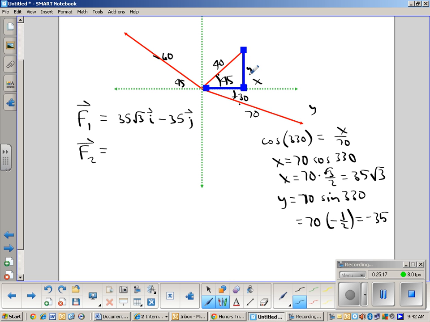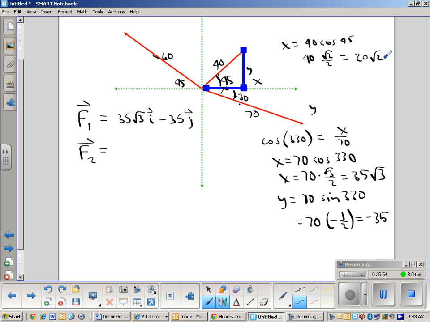So this is the y and this is the x. And cosine of 45 is x over 40. So that means x is going to equal 40 cosine 45, right? Which is going to be 40 square root of 2 over 2, which is 20 square root of 2.